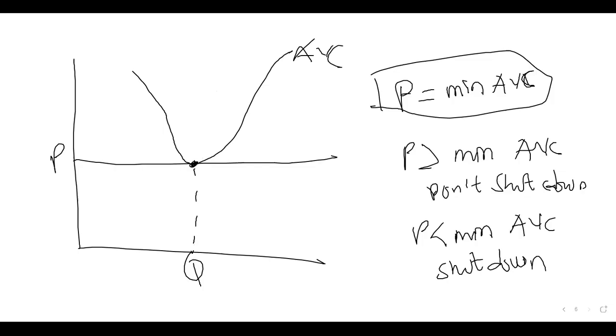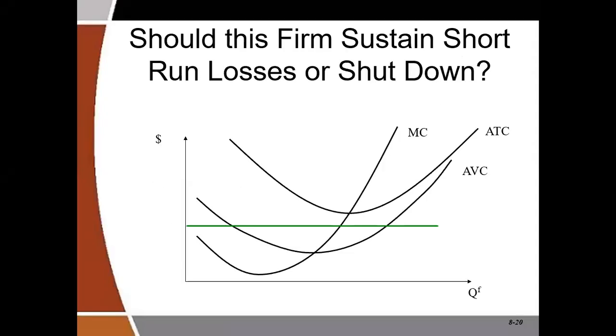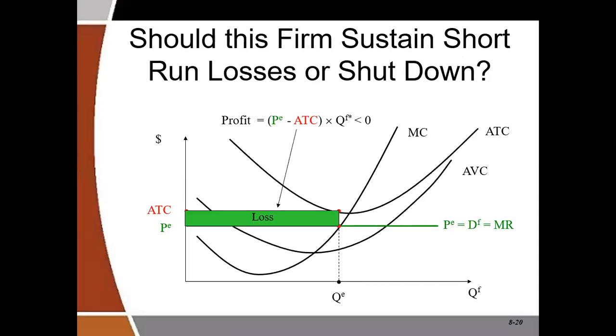So let's go back to our slides. Looking at this particular slide, we have the average variable cost curve here, and the price is more than the average variable cost. So here, the firm should sustain short-run losses because the short-run losses are coming from the fixed cost, okay?